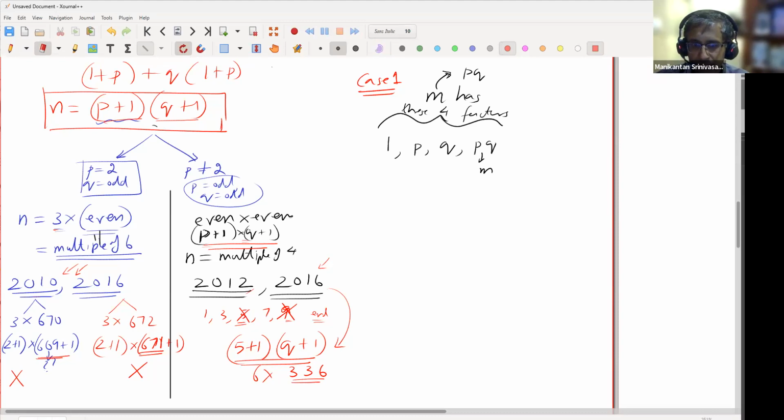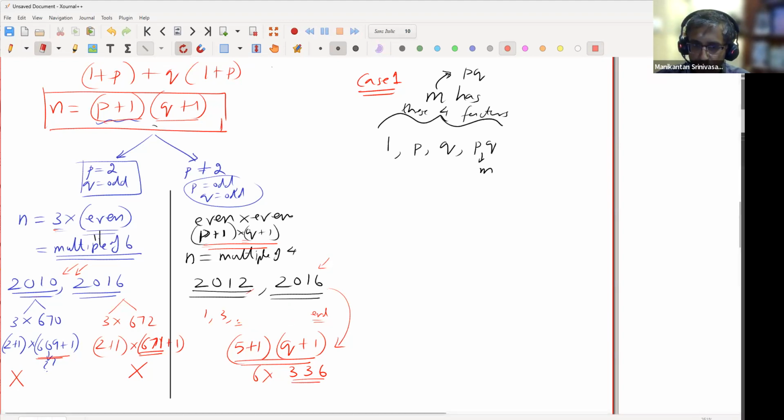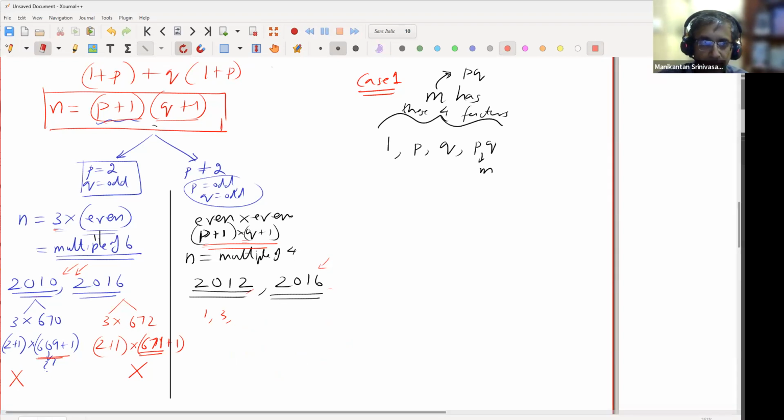So what did we conclude? We concluded that the prime numbers P and Q can neither end in 9 nor end in 5. Therefore, we have only 1, 3, and 7 as the ending digits of the two prime numbers. Now, how do I generate 2012?